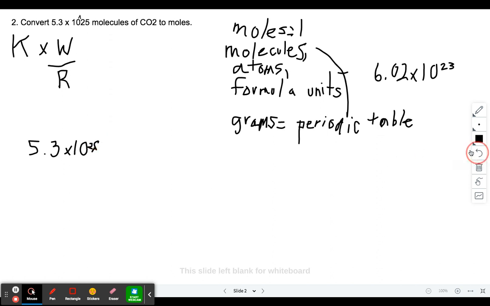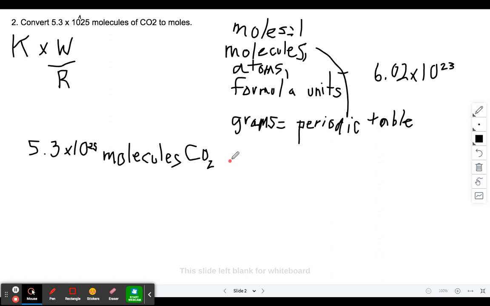That's an ugly 5. Okay, that one's a little better. So 5.3 times 10 to the 25 molecules of carbon dioxide. Okay, through magic, I just finished writing that. So we know we have 5.3 times 10 to the 25th molecules of carbon dioxide.